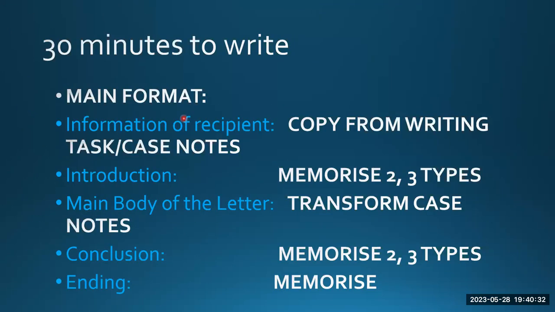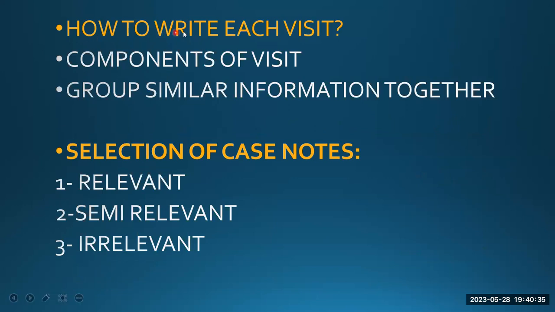Okay, here it is. How to write each visit. Now I'm going to write a visit. Try to write them in sequence, the sequence of components of the visit. First presenting complaint, then examination findings, then treatment options, follow up, and so on. And try to group similar information together. If you are mentioning presenting complaints, try to write that in one sentence.